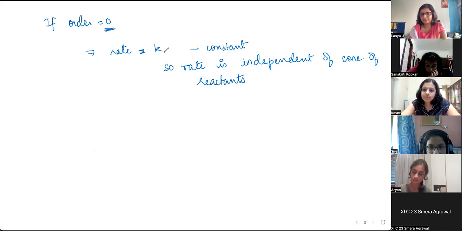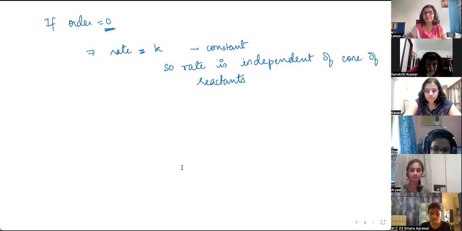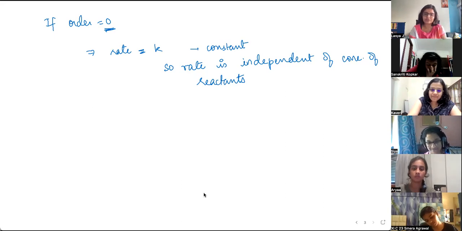But still, yes, it's independent. There is no dependency, so it's independent. So now, no matter how much of the reactant you use, the rate is going to be the same. So then if you want to speed it up, you'll need to look at other things, using a catalyst, using temperature, like other things. So concentration is not going to help you there.